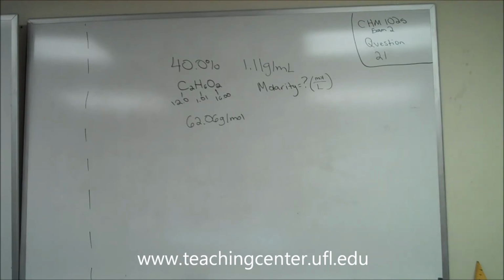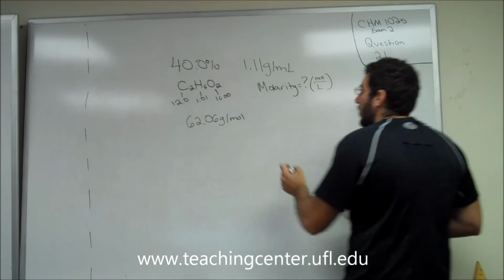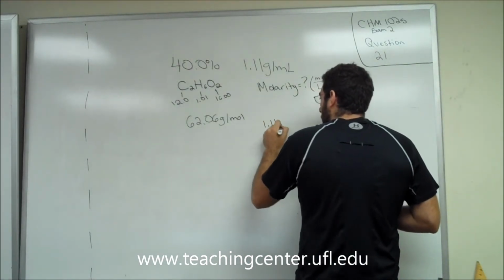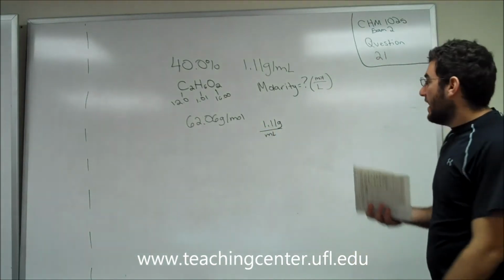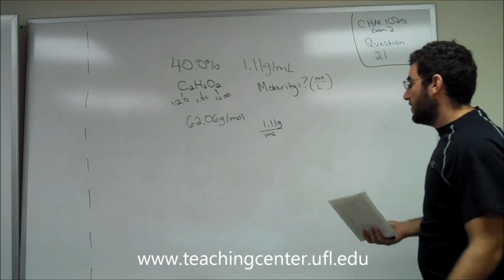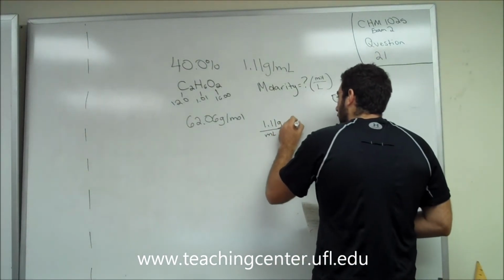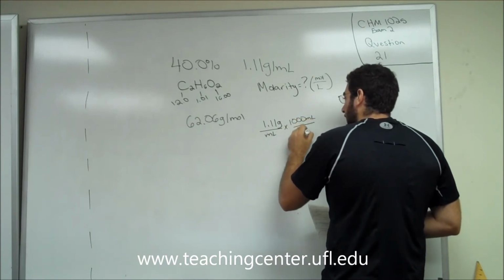So what I do for this one is, remember, we need everything to cross out with one another. So if we have 1.11 grams per milliliter, the first thing that I want to do is change milliliters to liters, because molarity is in terms of liters. So we know there's 1,000 milliliters per 1 liter.